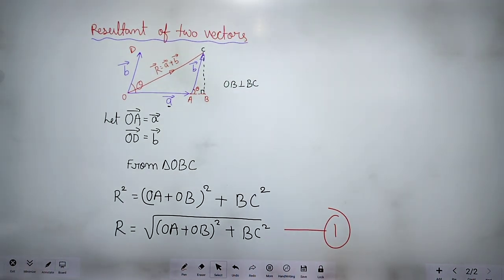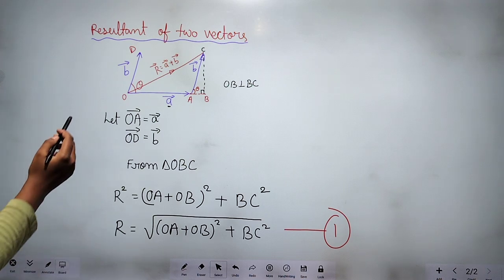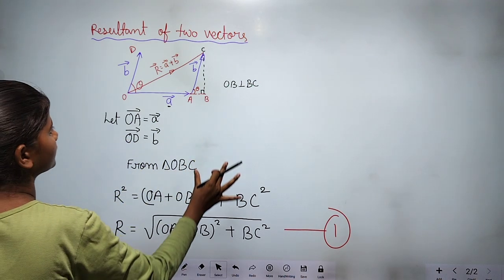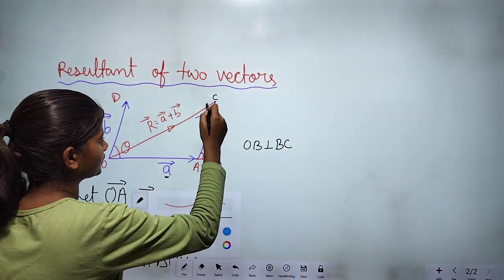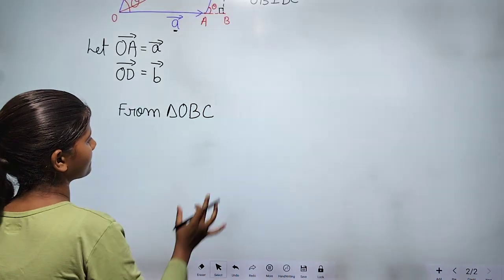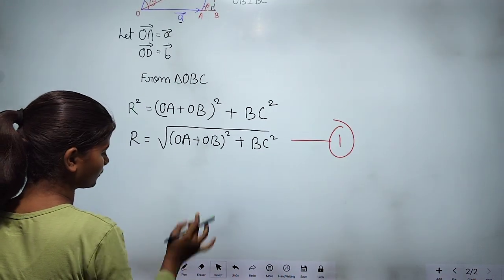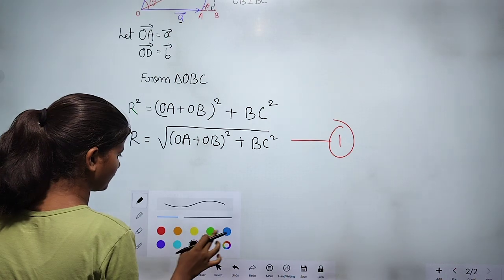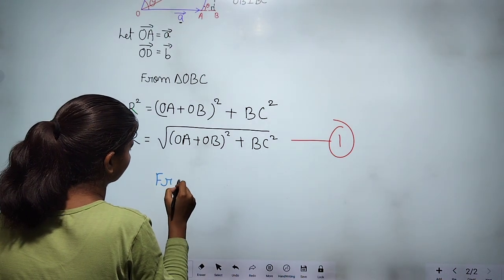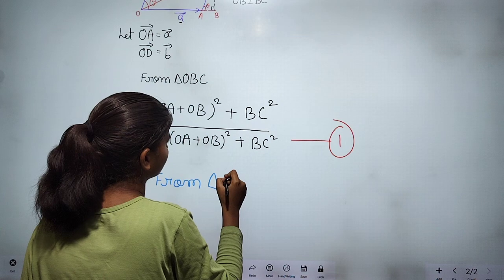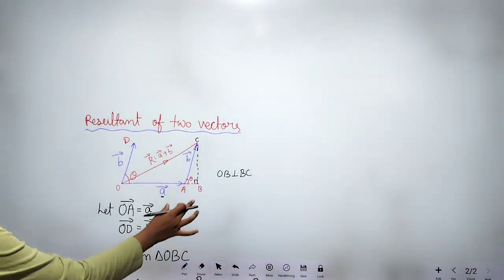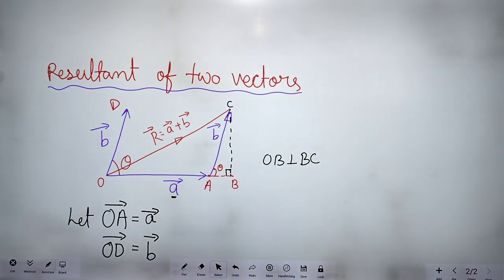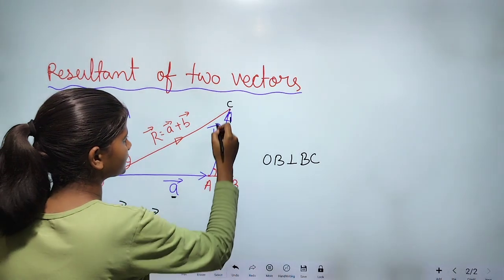Now let's see from triangle ABC. From this triangle ABC, here we can write sin theta, as we know well, this one is our right angle triangle.